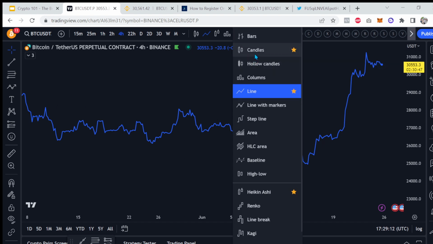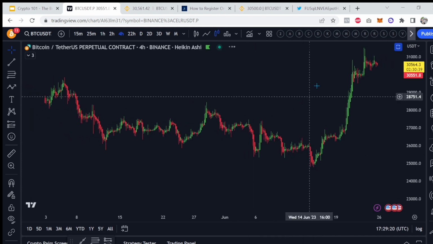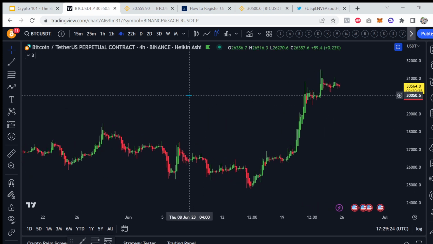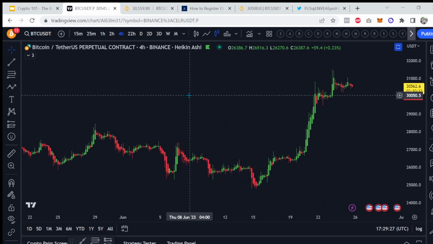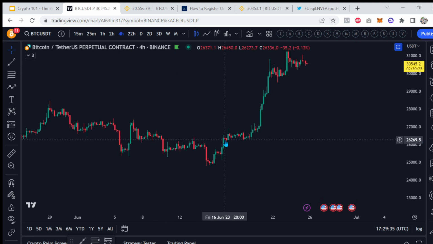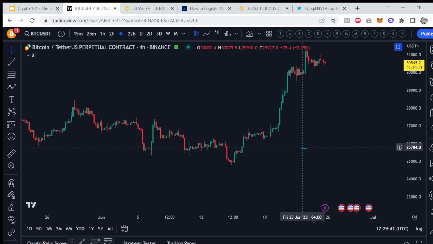My three favorite ones are the candlesticks, the line charts, and Heikin Ashi. I used to use the Heikin Ashi candles early on, back in the day. Sometimes regular candlesticks can have a lot of noise: green, red, green, red, green, red. I remember when I began trading I didn't understand this and it was confusing to me.